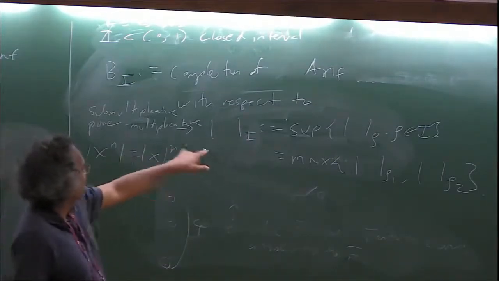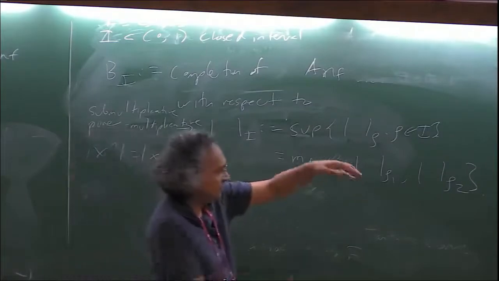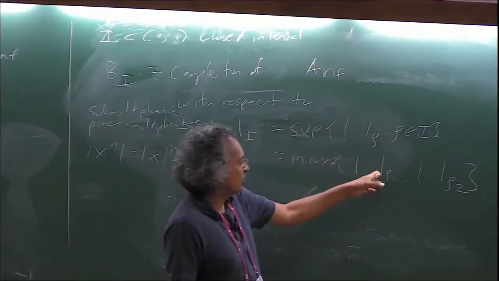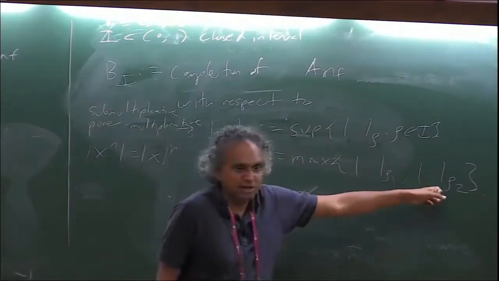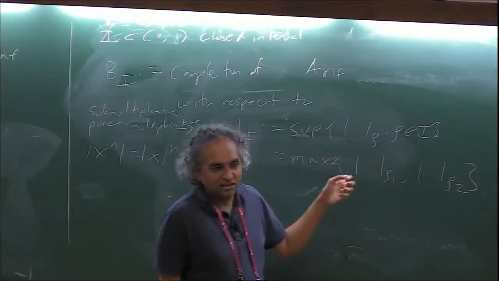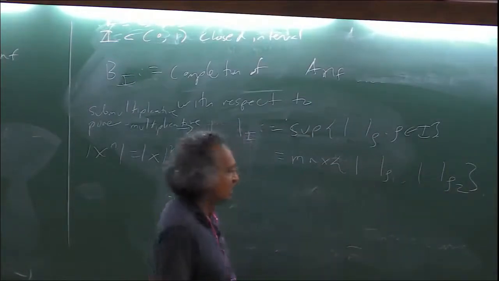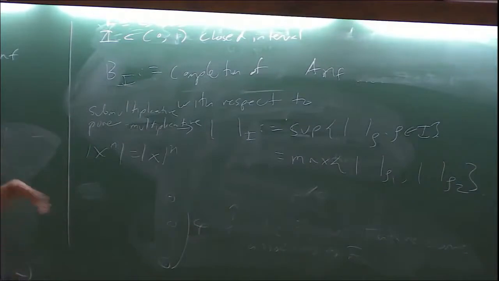The issue with multiplicativity when you take this max is that you have an x and a y. One of them the max might occur on this side, one of them the max might occur on this side. But that's not a problem when you have the same factor, or by induction powers of the same factor.